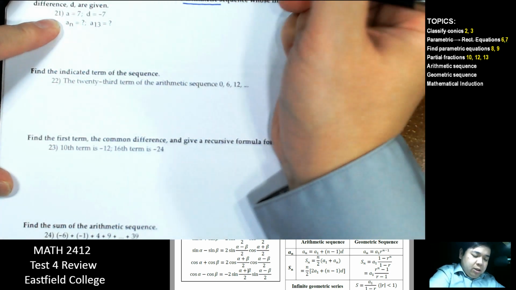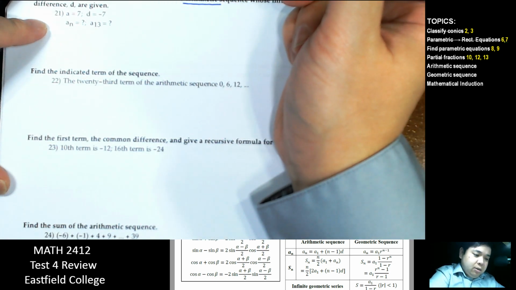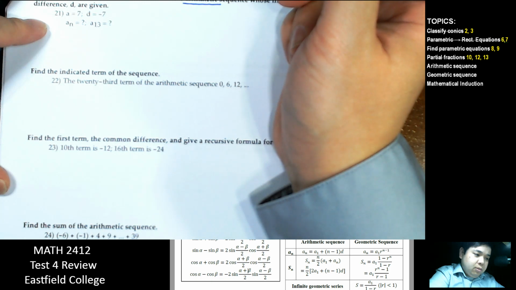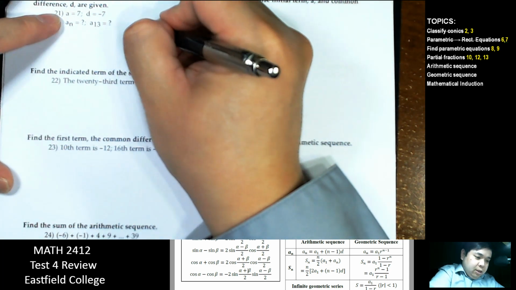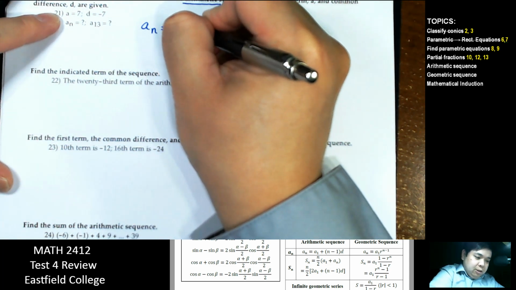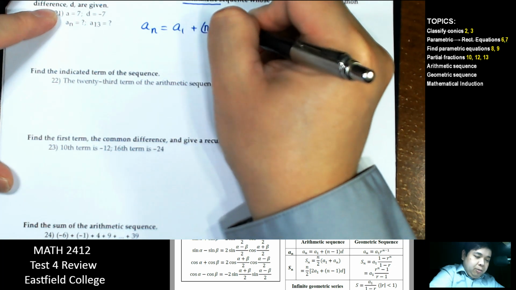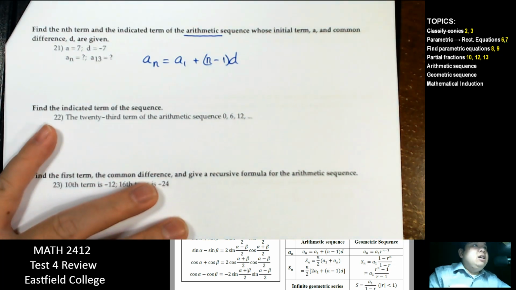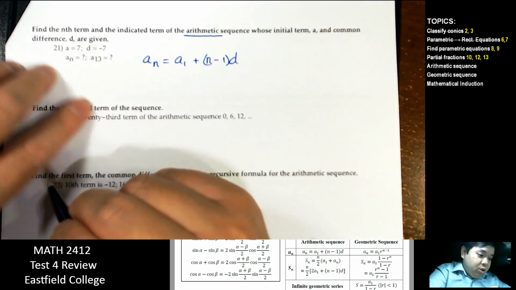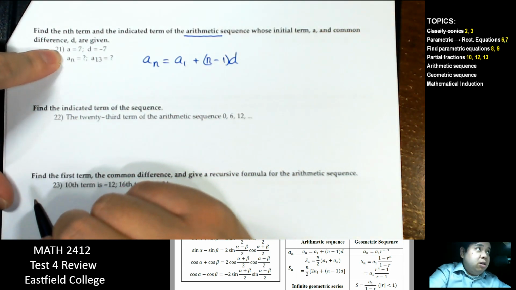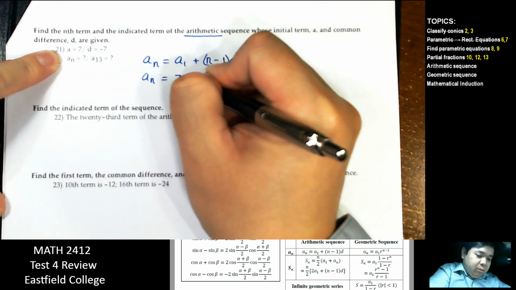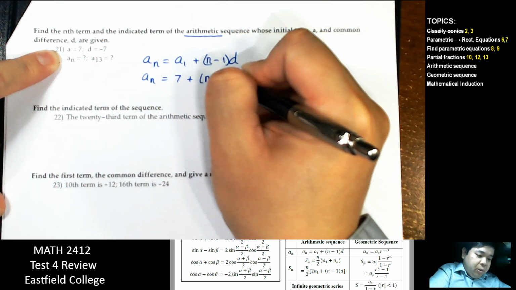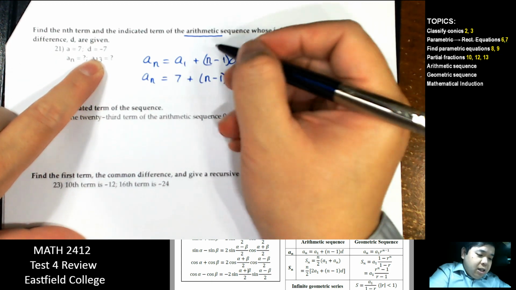Arithmetic sequence. In general it will be that, and a is the first term, so we have 7 plus n minus 1 times d, negative 7.